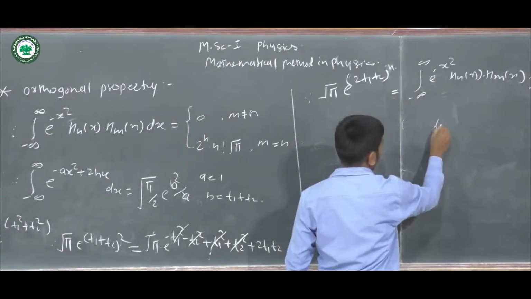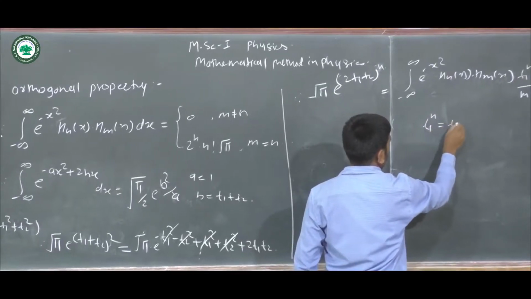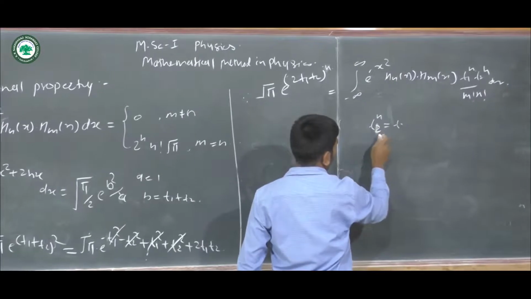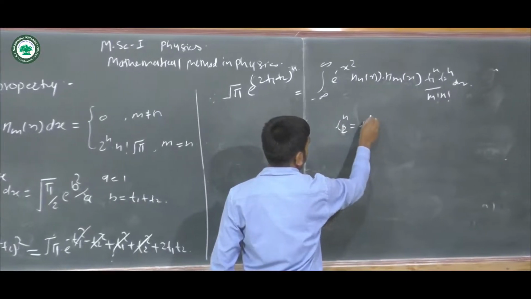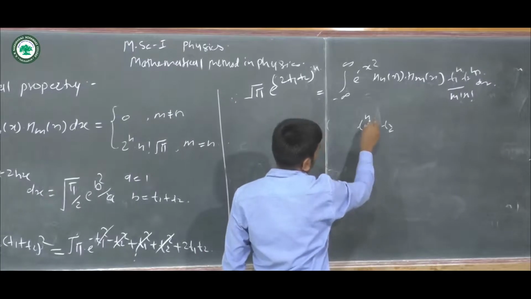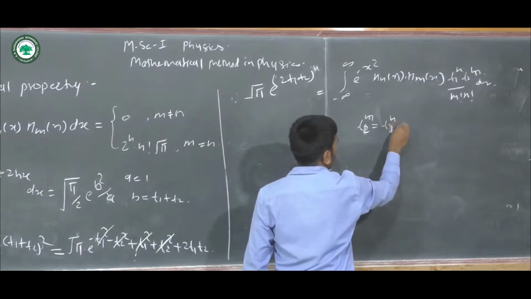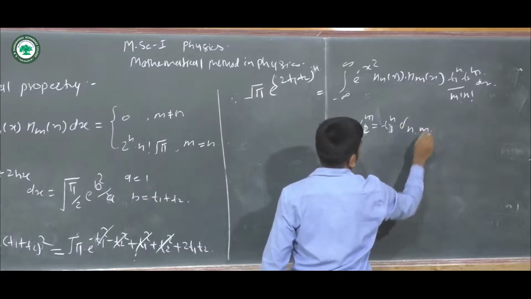So here this t1 power n, or the t2 power m, is equal to t1 power n into delta nm, okay.